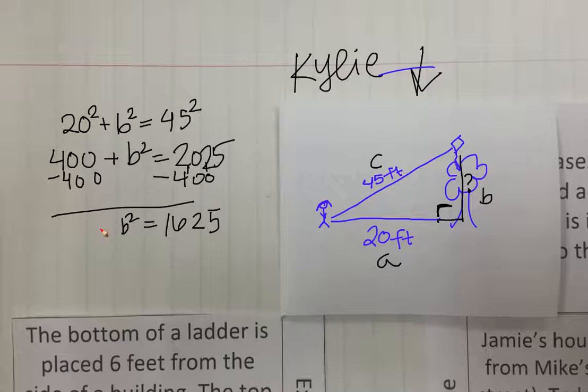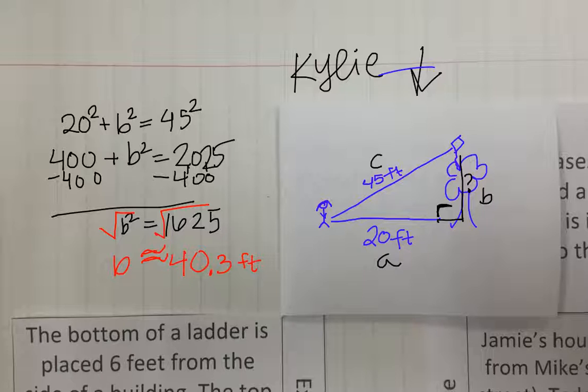Now we're going to find the square root of each. Square root of 1,625 is about, so let's make these the approximate, 40.3 feet. So that kite is about 40 feet above the ground. Tree is about 40 feet high.